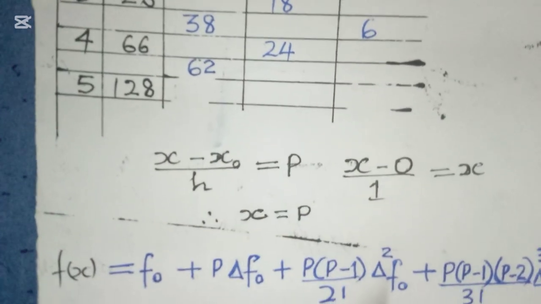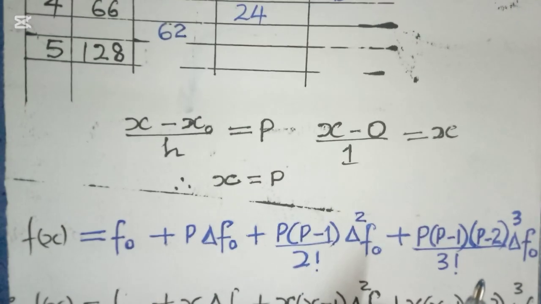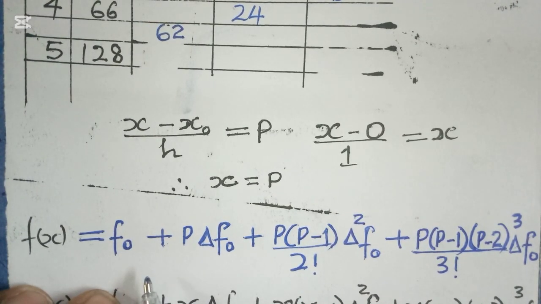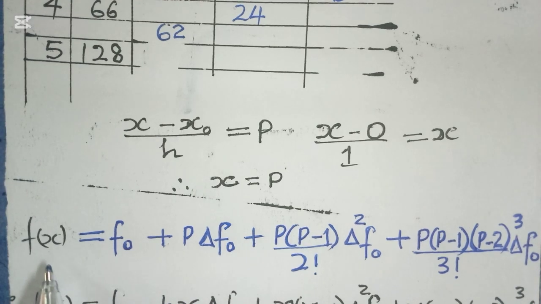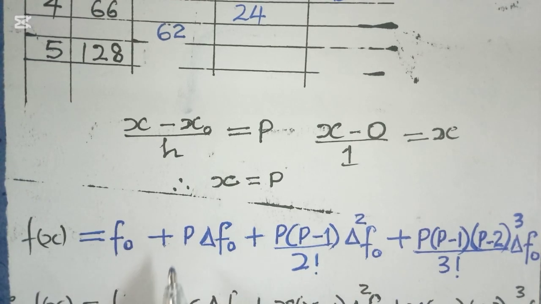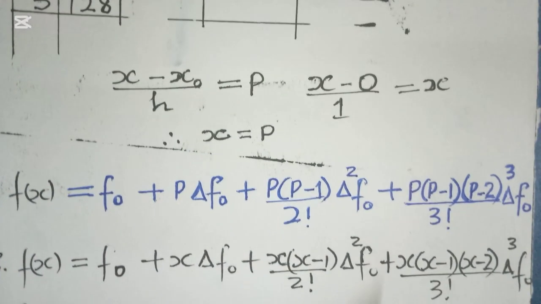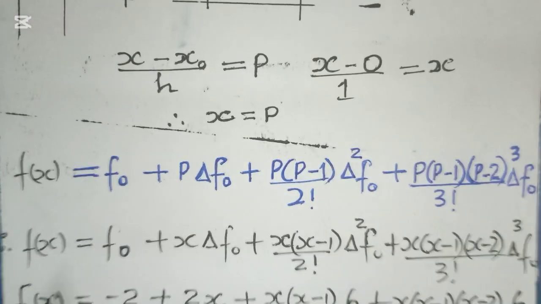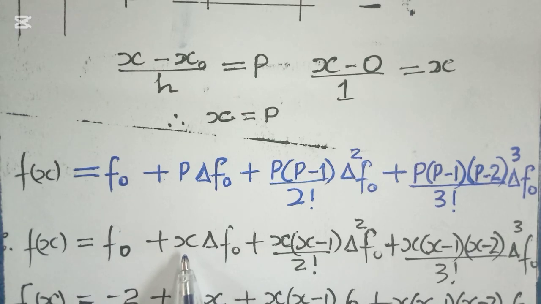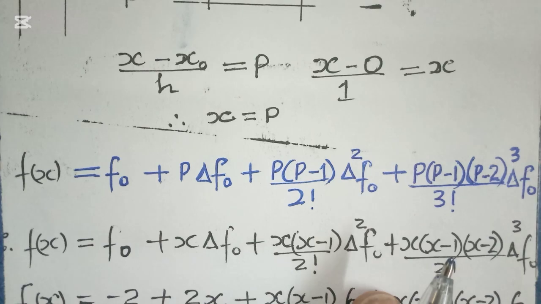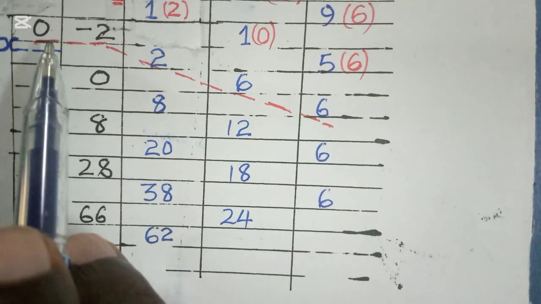Now our formula is right here, that is the Newton-Gregory forward difference formula. Instead of p, I put x. Then I put f0. I used this line right here, the line that is at 0.